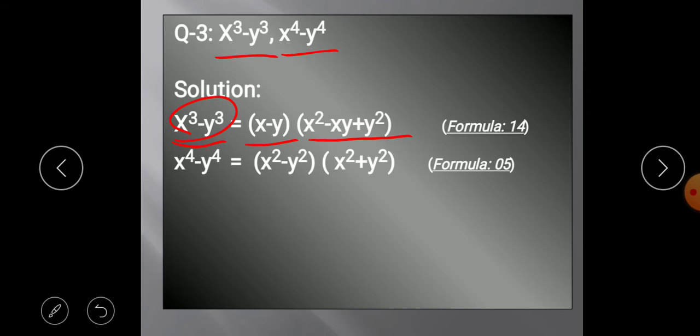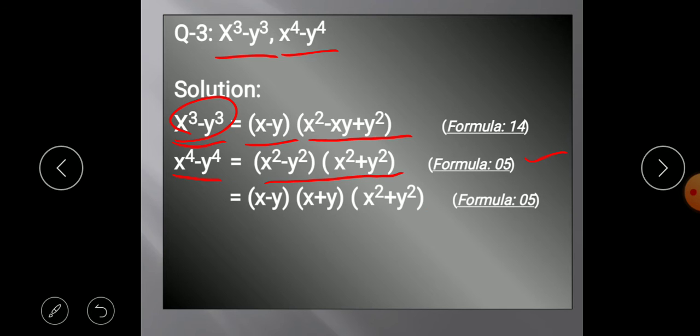Now the second polynomial is x4 minus y4. For its factor form, first of all I have written down the transformation. I have transformed it according to formula number 5 into x square minus y square and x square plus y square, and then again we have applied formula number 5 in the very first expression, giving x minus y, x plus y, and then x square plus y square.